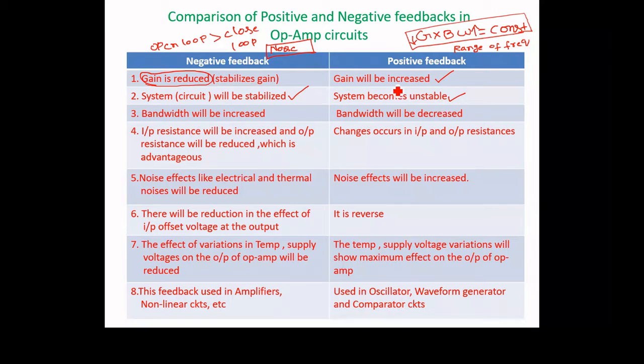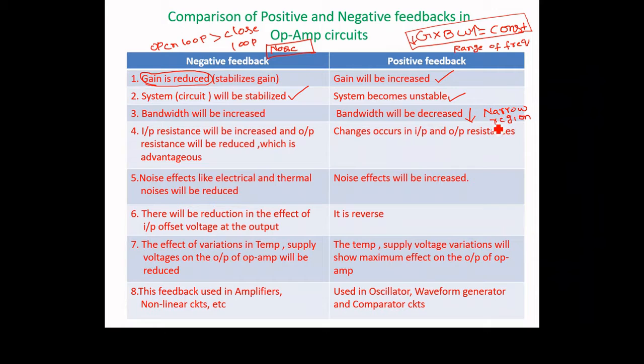Whereas in positive feedback, as gain is increased, in order to keep the gain bandwidth product constant, the bandwidth has to reduce. So you can operate only in a narrow frequency region when you are operating the op amp in positive feedback.